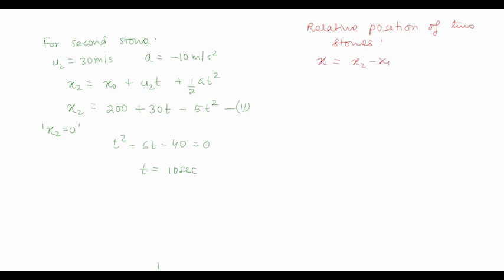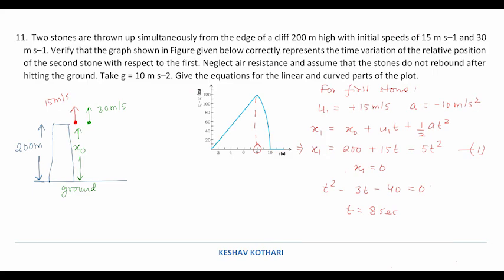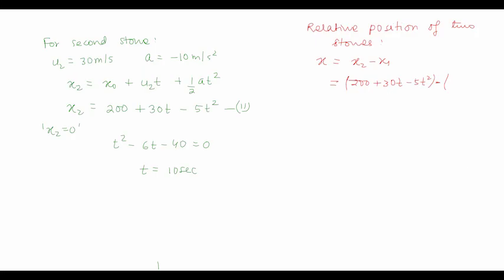If we put the equations in, we have 200 plus 30t minus 5t square, subtracted with 200 plus 15t minus 5t square. On solving, we obtain x2 minus x1 equals 15t.